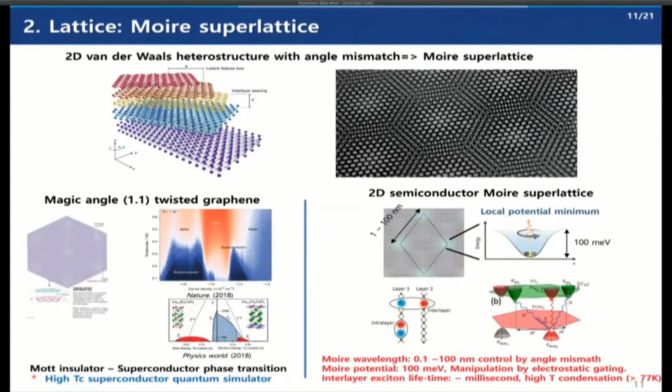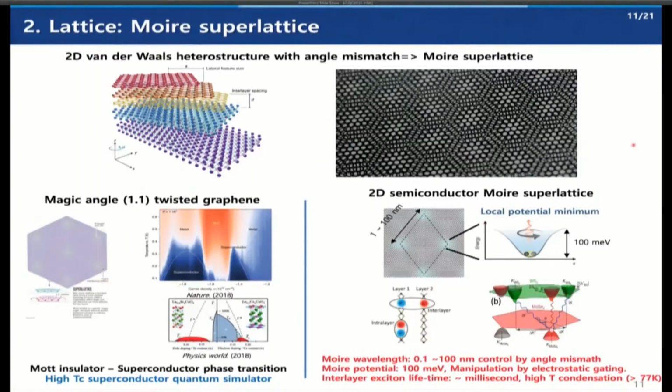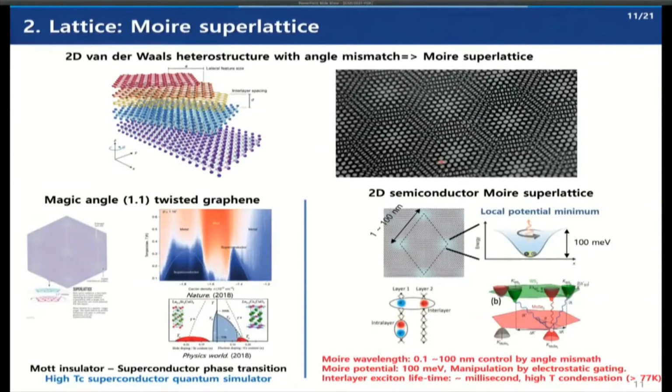As you see in this figure, when we change the angle, you can see the change of the Moire wavelength. In 2018, the Jarillo-Herrero group at MIT demonstrated that magic-angle twisted graphene shows a Mott insulating phase as well as a superconducting phase.